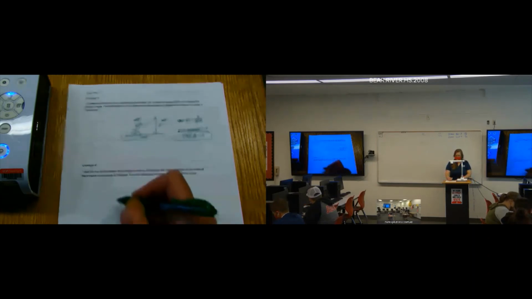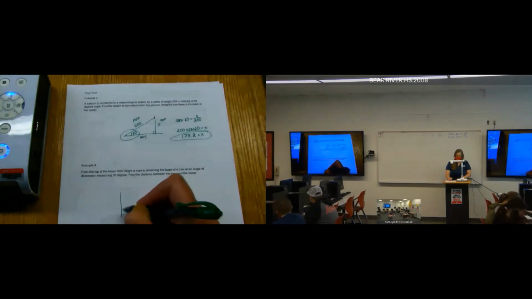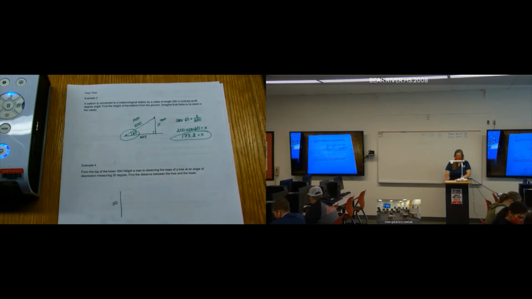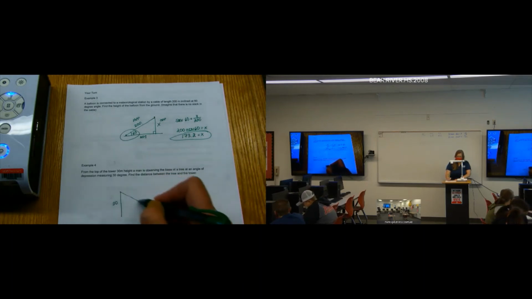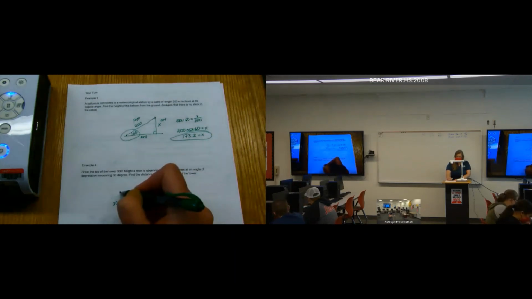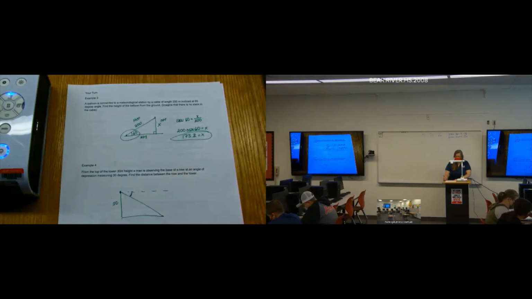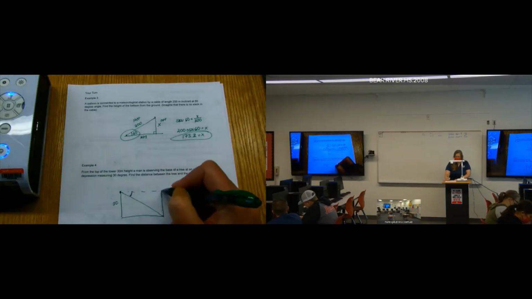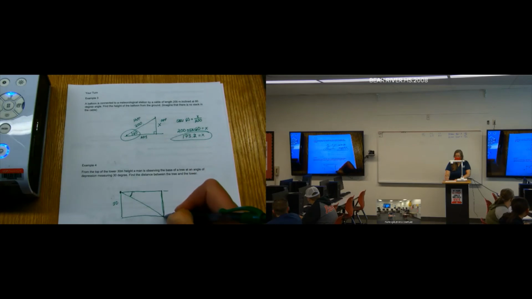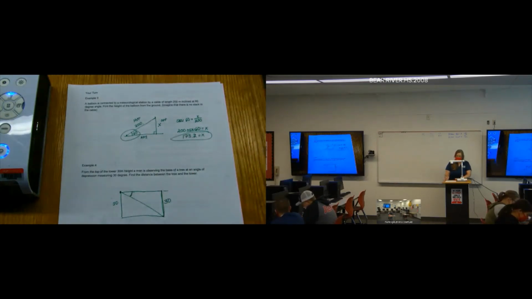What did you start with? It says this guy is standing up here on this tower that's 30 meters. He's looking down here at this tree, right? He's up here, so his angle is right here. So we can draw this over here and have the same triangle, can't we? So this is also 30. What's the angle?